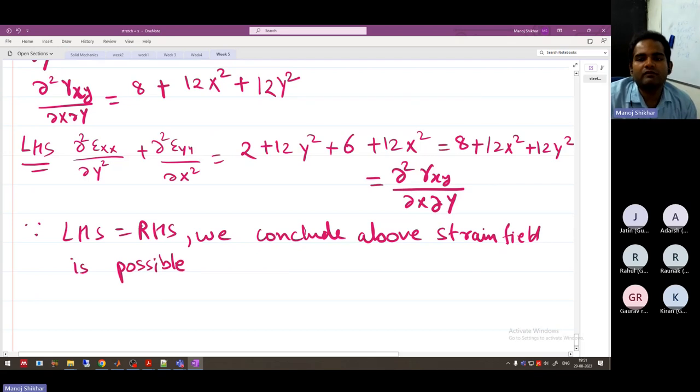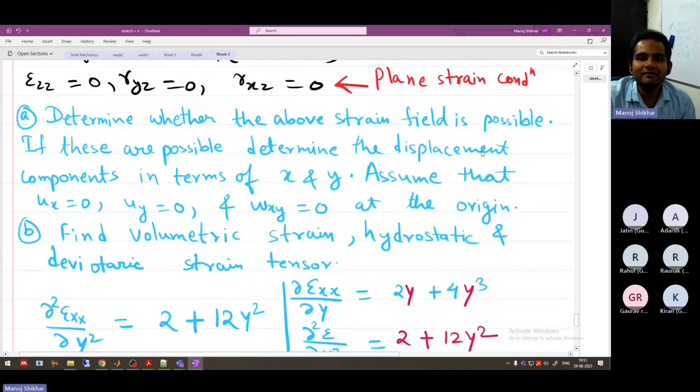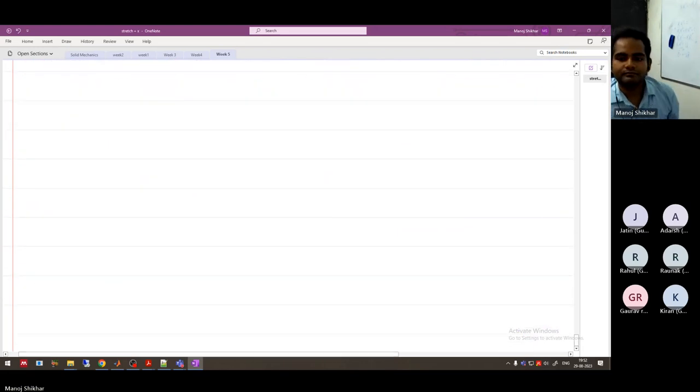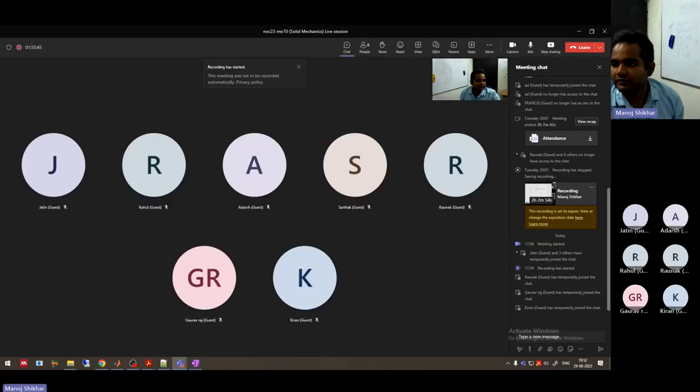Now, since it is possible, we will solve the second part, which is to determine the displacement components in terms of x and y. Assume that ux equal to 0, uy equal to 0, and wxy equal to 0. So this is where the trick will happen. Anybody has any doubt?